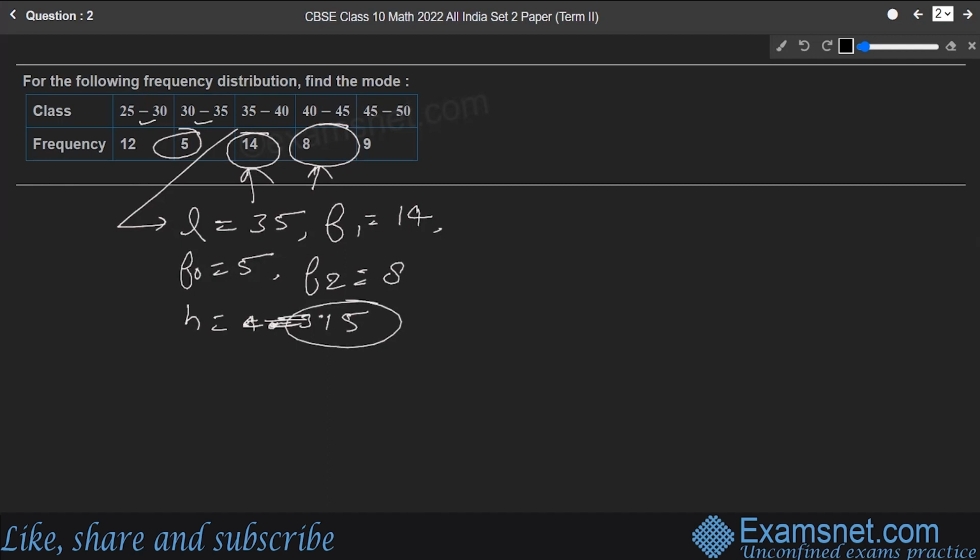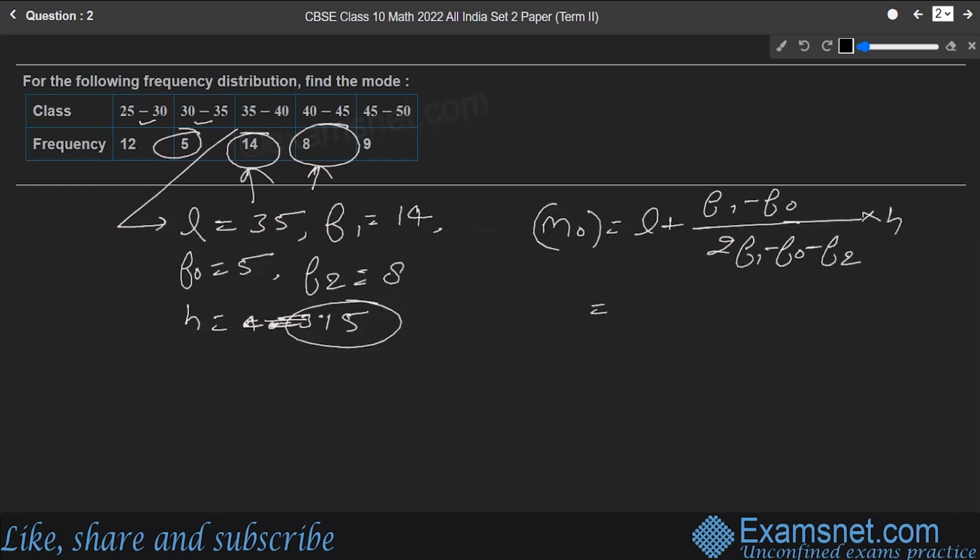Now, we can use the formula for mode. The formula for mode is L plus (F1 minus F0) over (2 F1 minus F0 minus F2), into H. Let us put the values inside. L is 35 plus (14 minus 5) divided by (2 times 14 minus 5 minus 8), multiplied by 5.